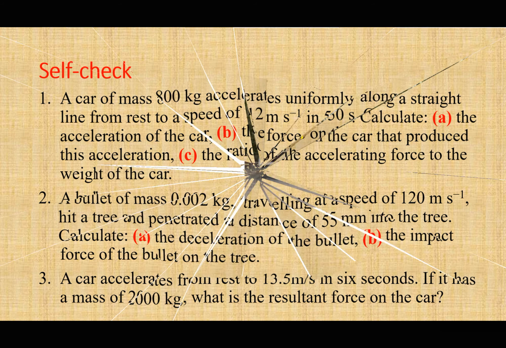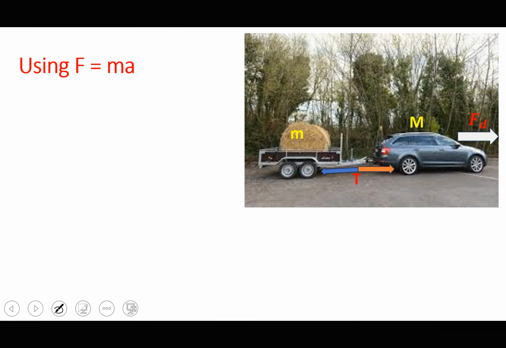So we are just trying to explore more on Newton's laws. Let's see how to use F equals ma in most cases. If we have two objects joined end to end, for example, a car and a caravan, or any carrier, you can consider the resultant force on each of these objects.